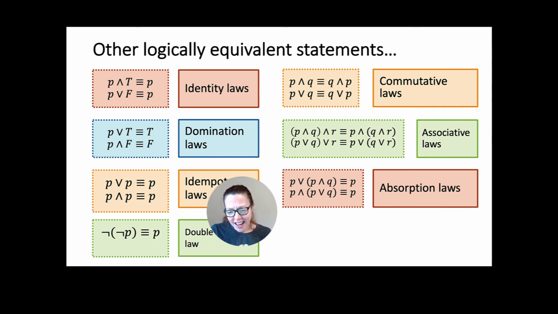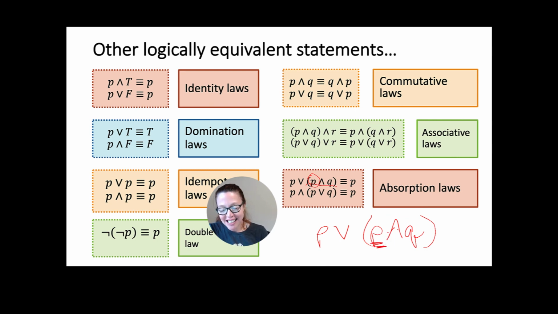And then I have absorption laws. So if I have a situation where I've got P or a conjunction that involves P, so it's important that P is in there, then if I have P or P and Q, for this to be true, P has got to be true.